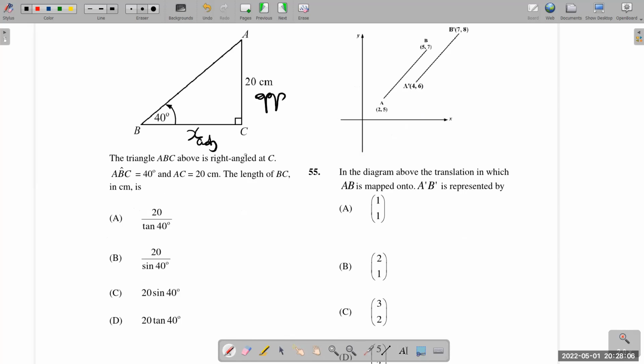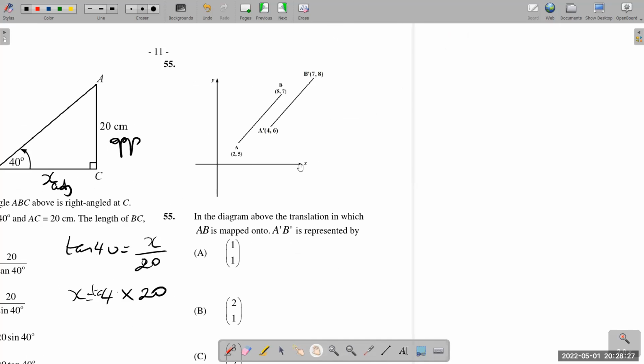Tan, right? So it's going to be tan 40 is equal to x over 20. So x is equal to 20 tan 40. Answer is D.